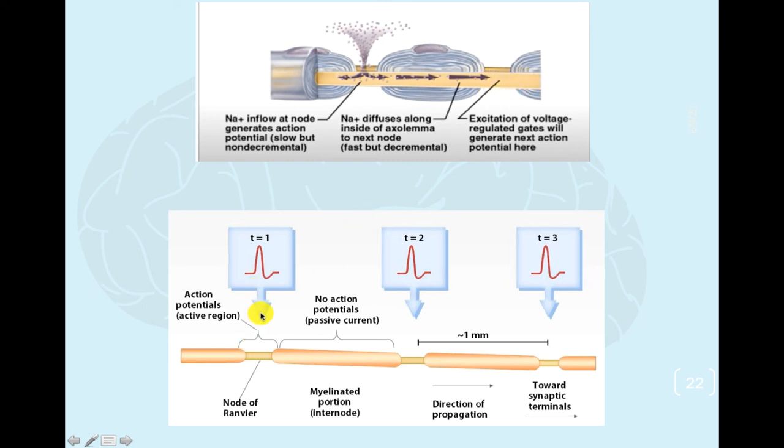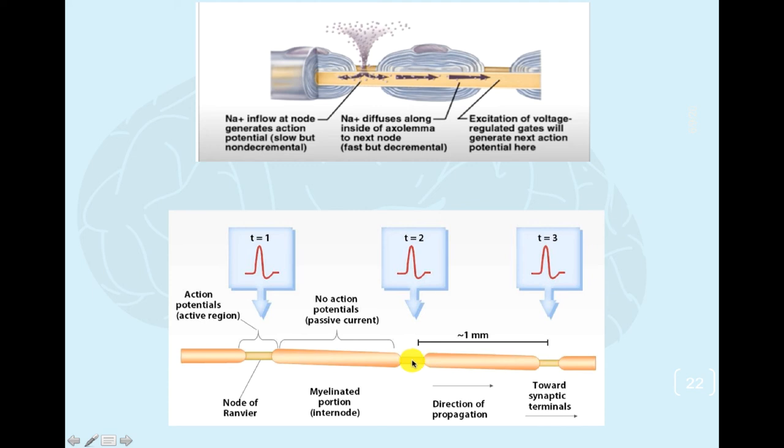If you were to record the electrical potential at different nodes along the axon, you would see the action potential happen at this node, and then a moment later here, and a moment later here. In between, underneath the myelin, it's just diffusion of the sodium that came in through the action potential, diffusing across and kicking off the next action potential.